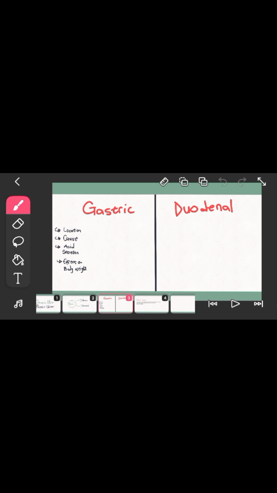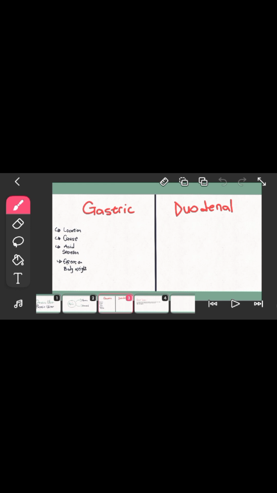And for duodenal ulcer, the tears are in the upper part of the duodenum, towards the pyloric sphincter. This upper part of the duodenum is called the pyloric part of the duodenum because it is close to the pyloric sphincter and the pylorus.